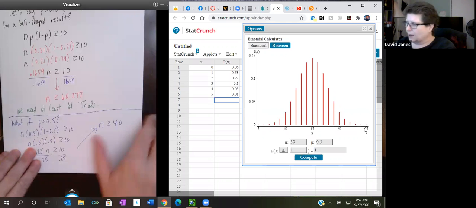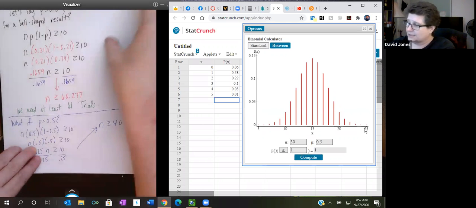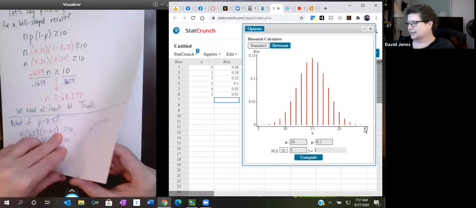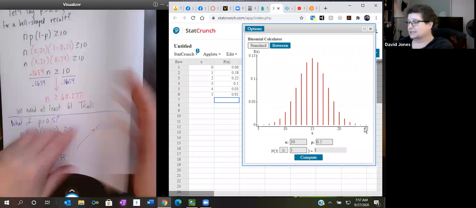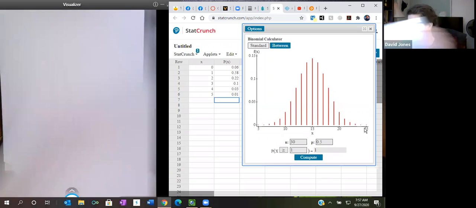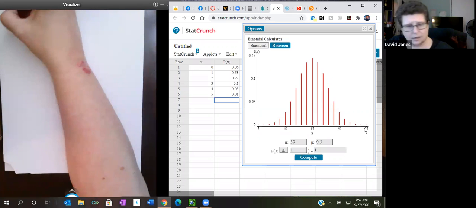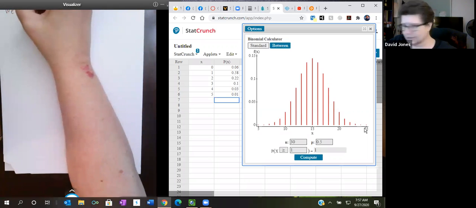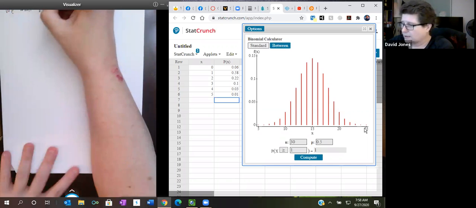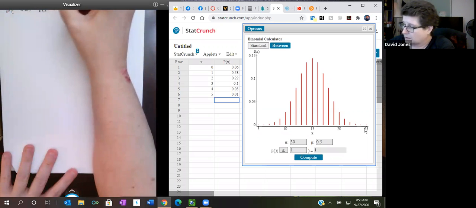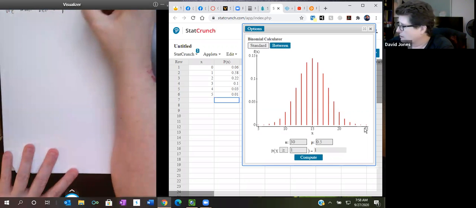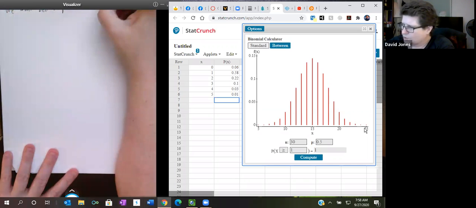And why do we want bell-shaped results? I told you we did. This is a reminder. We want bell-shaped results so that we can use the empirical rule.